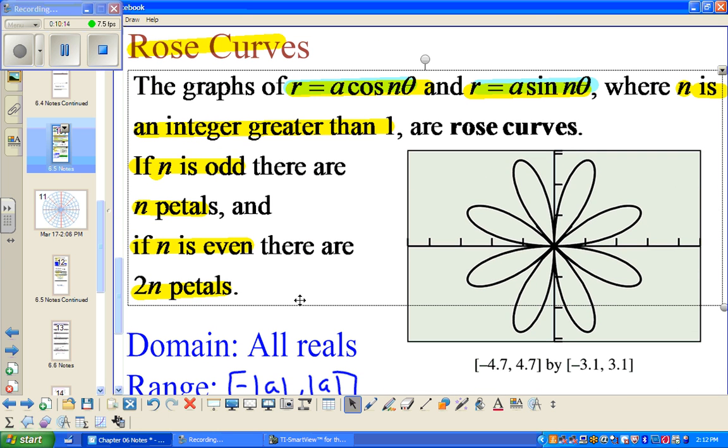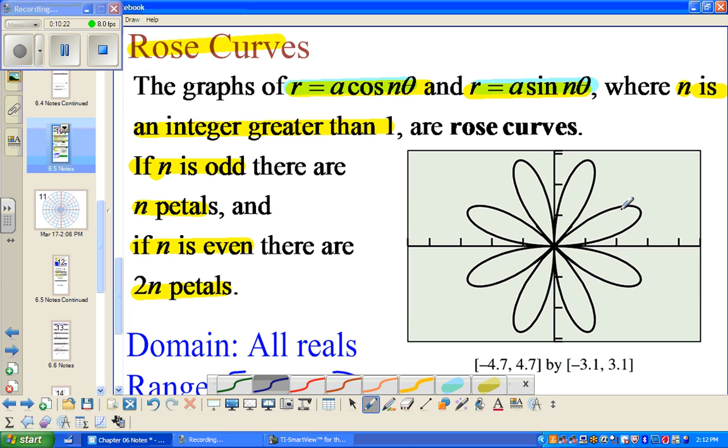What I just plotted was a point approximately right here and approximately right here. So out a little past 2 units, so it's probably right here and right here, just to help me line up where that petal should go through to make my graph look as accurate as possible.